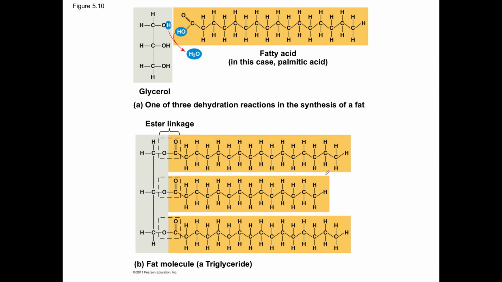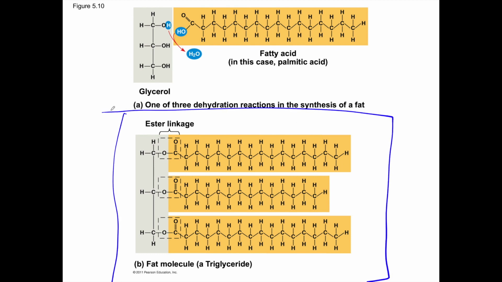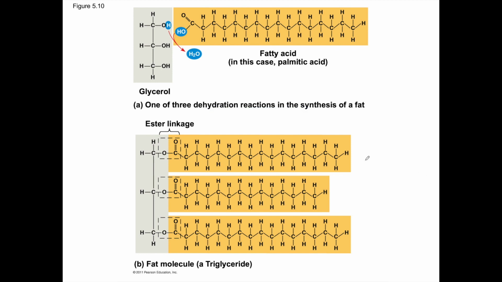So for example, this fat molecule here, the way it's currently drawn, that is a saturated fat. A saturated fat is a molecule where you have no double bonds between any of the carbon atoms. So if you notice, none of these carbons have double bonds between them, so that's going to be a saturated fat.